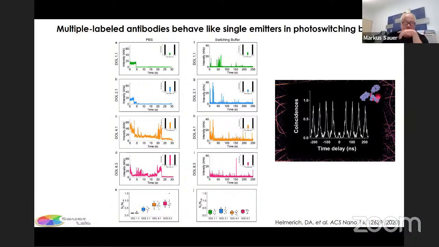So we do anti-bunching measurements where we can demonstrate that the light field emitted by these antibodies is really a sum of different fluorophores contributing to the light field detected. So the anti-bunching signal increases with the degree of labeling, while in switching buffer, the emission field detected is always dominated by a single fluorophore, no matter how many fluorophores are attached to your antibody.